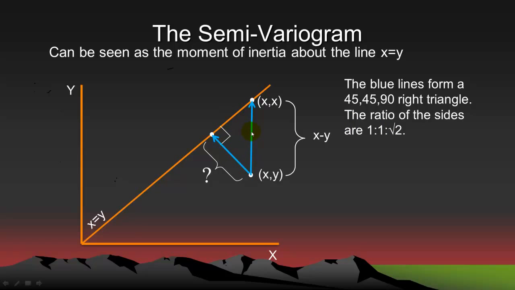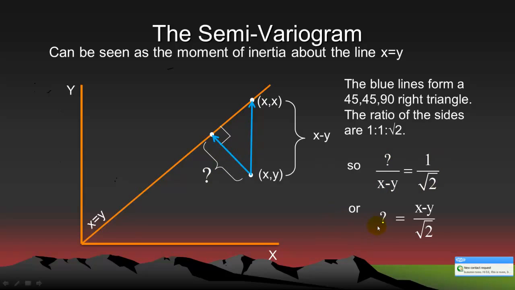And so if we think about what this distance is, the ratio of this distance to that side is the question mark to x minus y, and that's the same ratio as 1 to root 2. The unknown distance then is x minus y divided by root 2.